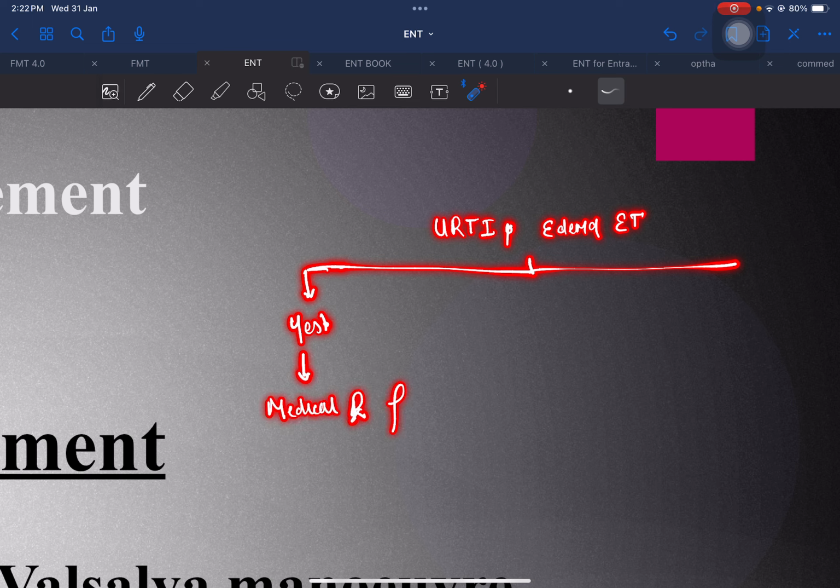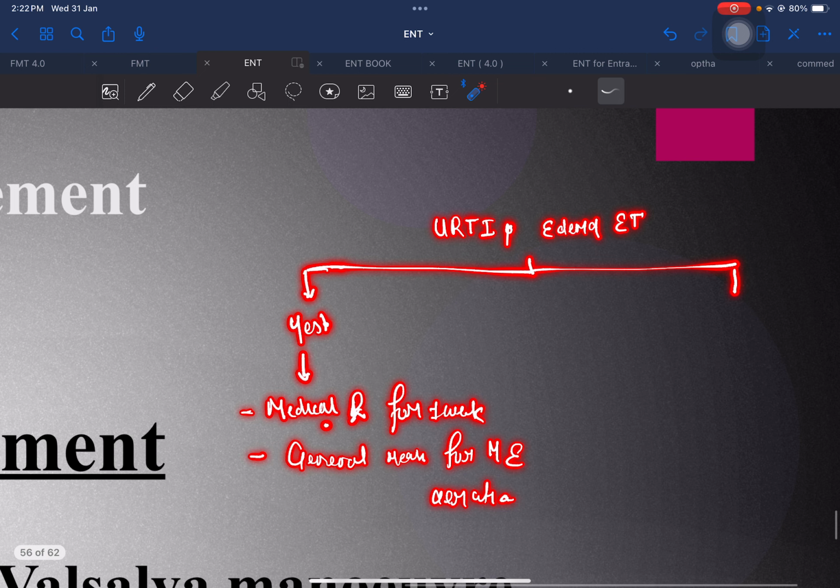for 1 week. And another thing that we can do is general measures for middle ear aeration. If there is no such condition, then we'll do general measures only, general measures for middle ear aeration.